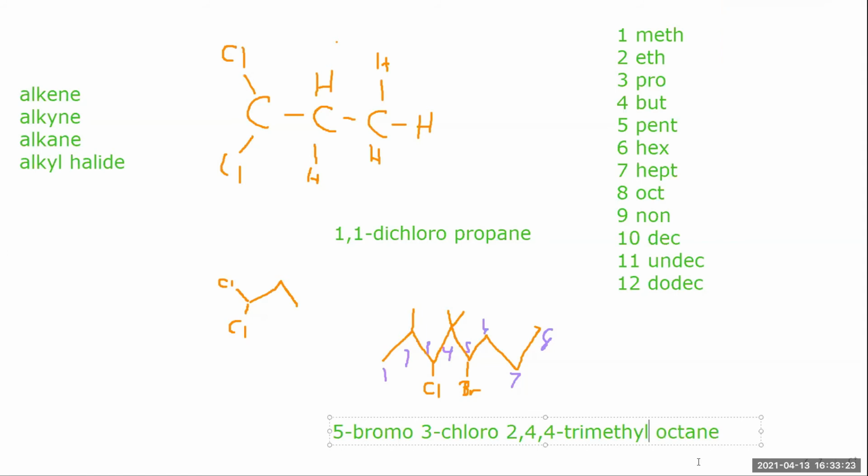What makes it in that order? Just looking at the B and the C. That's right. You don't look at the prefix; you look at what the group actually is.